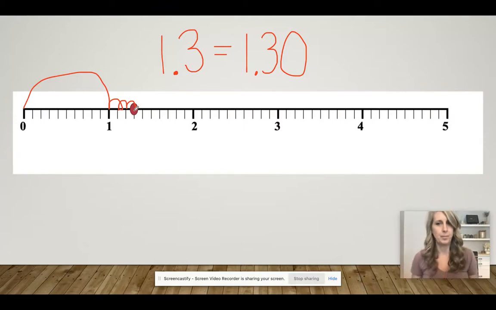All right, grab out those printables like I mentioned. And now I want you to put a dot where you think 3 and 7/10 would be. So think about that. We need 3 wholes and 7/10.